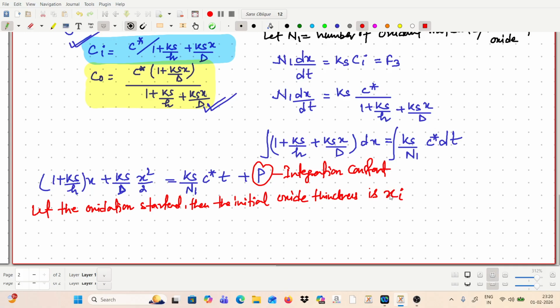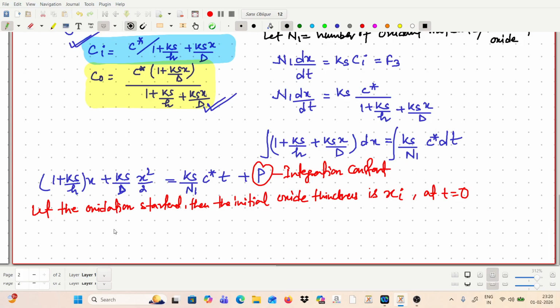During that time, the oxide thickness is xi at just time t equals 0. So from this one, we can find the value when t is 0.